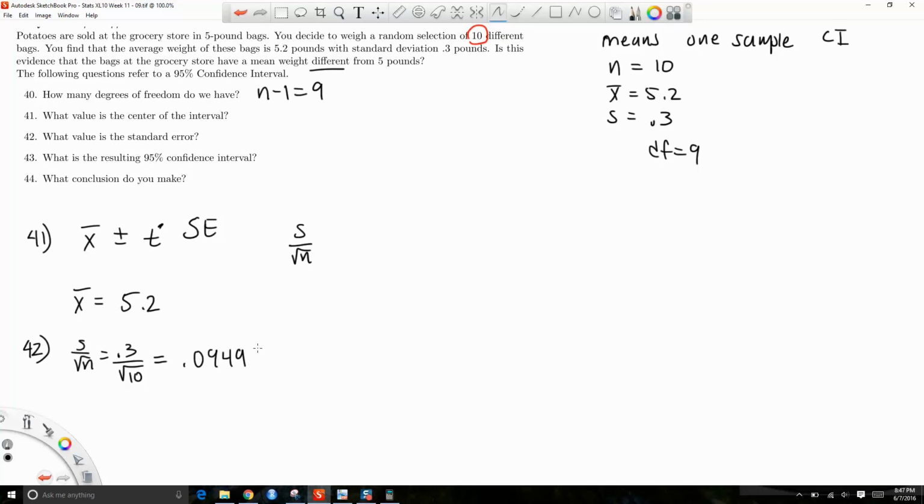Okay, and then so 43, what is the resulting confidence interval? 5.2 plus or minus, we're going to have to look up 9 degrees of freedom, 95% confidence, I think that's 2.262, times our standard error of 0.0949.